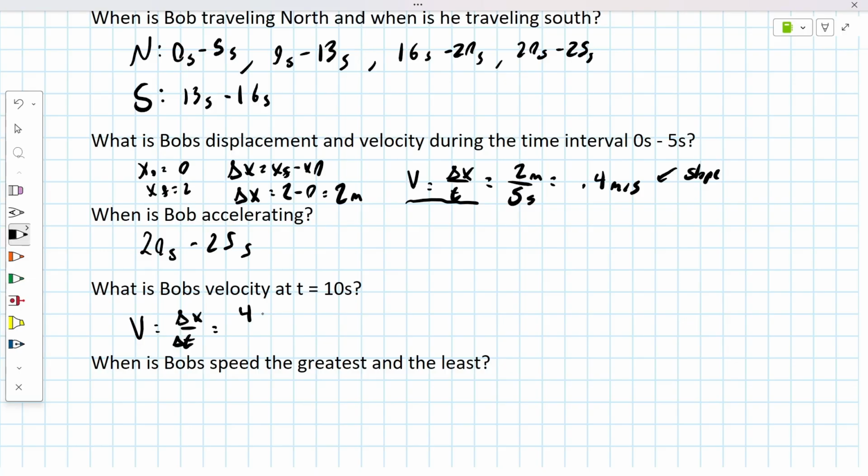It goes from 2 to 4, so x final minus x initial is 4 minus 2, and it's 13 seconds as the t final and 9 seconds as the t initial. So that'll give us 2 over 4, which is equal to 0.5 meters per second. And this will also be north, and I should denote this is also to the north because it's positive for both of these.